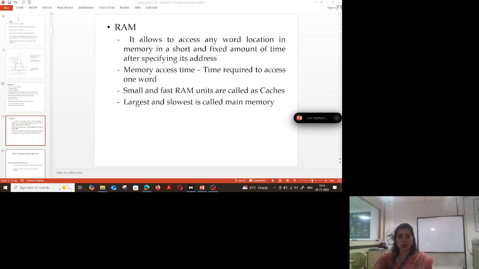It allows access to any word location in memory in a short and fixed amount of time after specifying its address. Memory access time is the time taken to access one word. Small and fast RAM units are called caches. The largest and slowest is called the main memory.